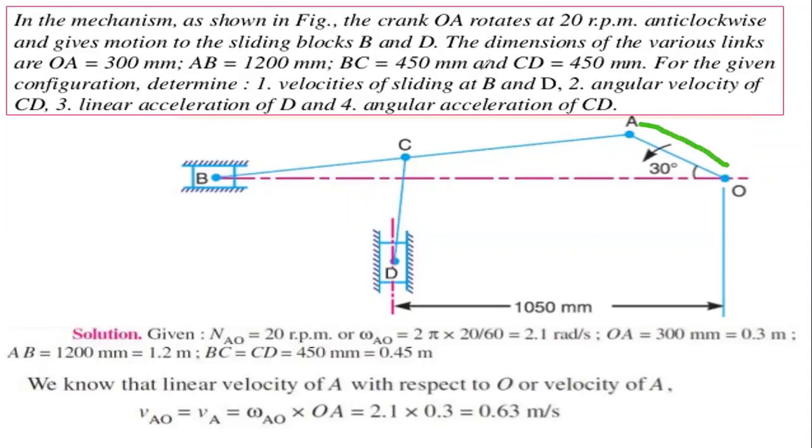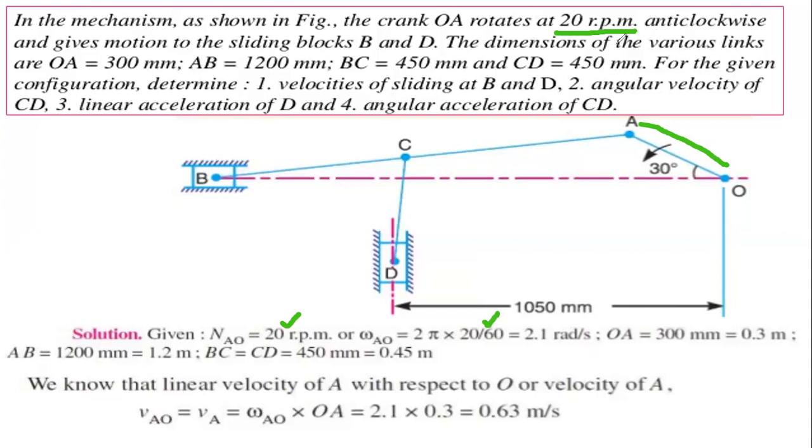They have given the speed of 20 rpm, so I am taking it as n of OA, that is 20 rpm. From that we find the angular velocity of the link OA, that is 2 pi n by 60, that is 2 pi into 20 by 60, which is 2.1 radians per second.